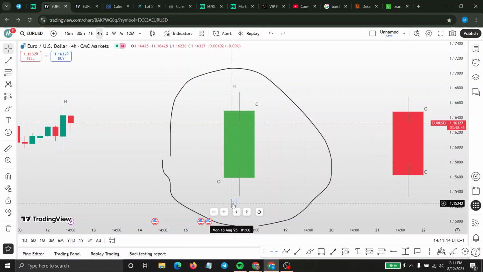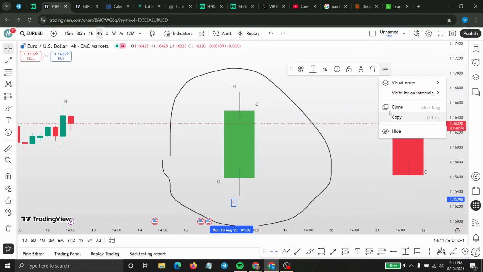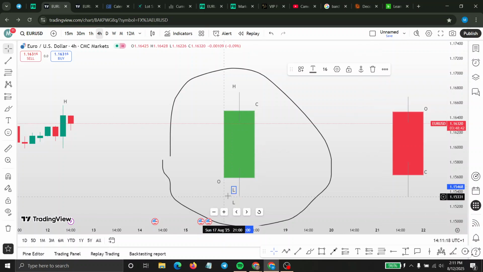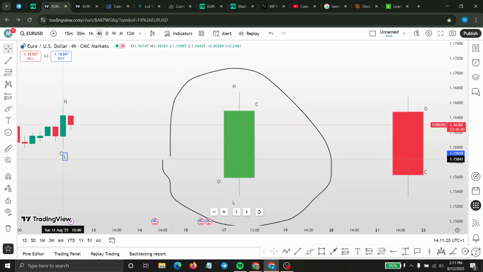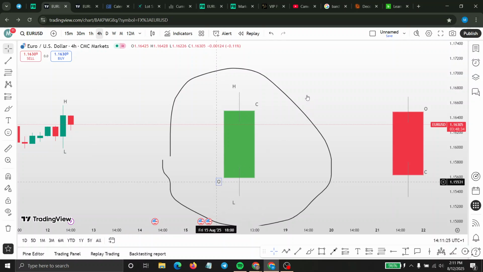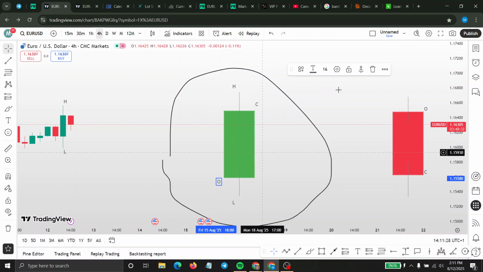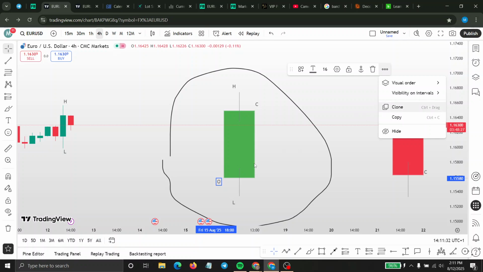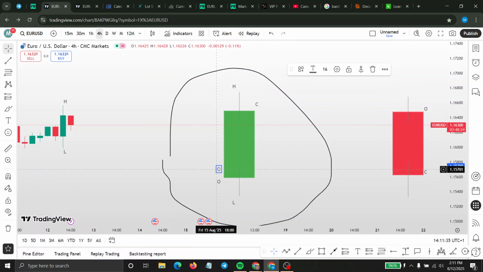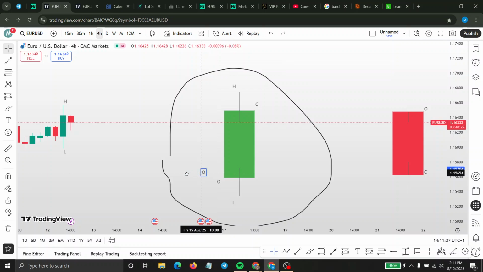We can see it also has a low. This is the lowest point. You can see the open. Obviously, it opened down. See, it opens at the down, right?